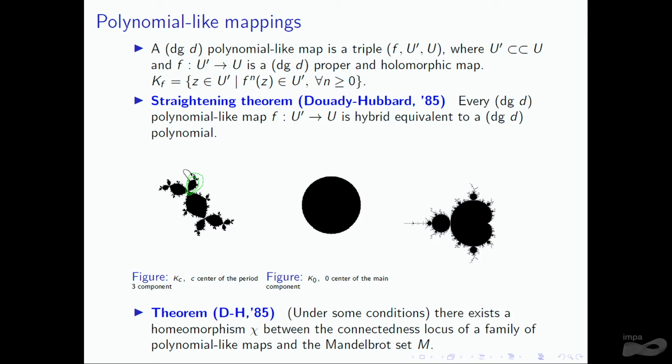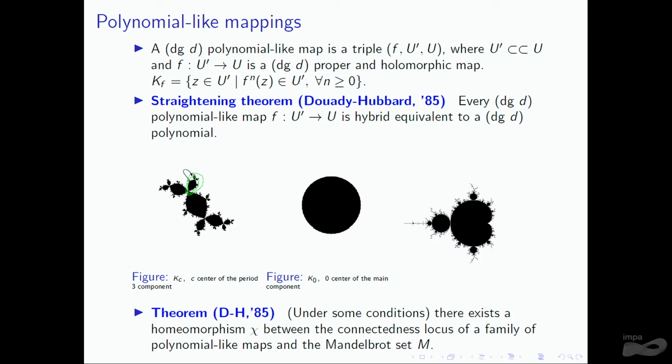And this is one ear of the rabbit. If we restrict our attention just to this ear, we see that the third iterate of my polynomial sends this ear to itself. Here is my attracting cycle. Here I have the basin of attraction of infinity. All these points are going to infinity eventually.